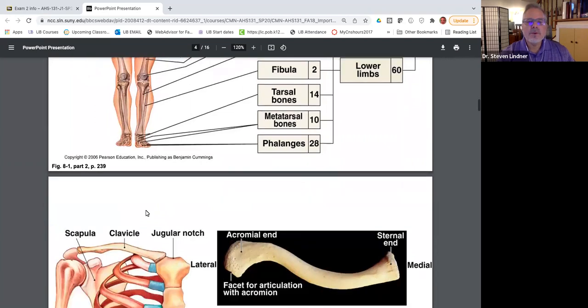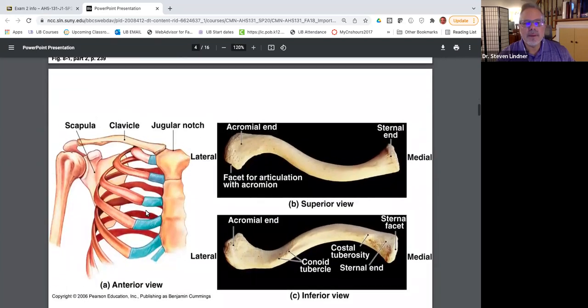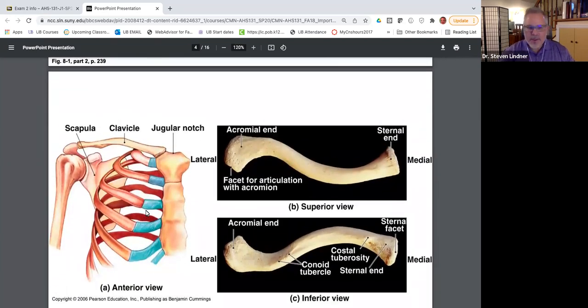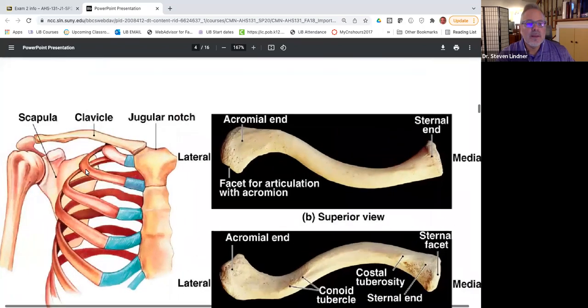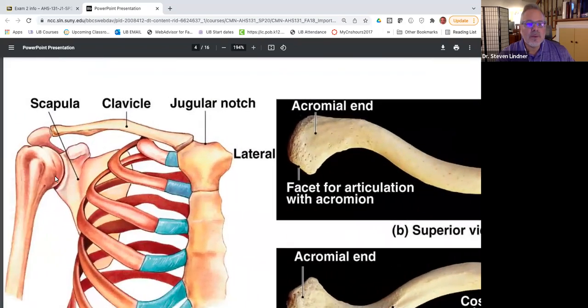Okay, so let's start with the shoulder girdle. Shoulder girdle is different than shoulder joint, different terms. If we talk about the shoulder joint, we're specifically referring to this joint right here, the articulation between the head of the humerus and the scapula.